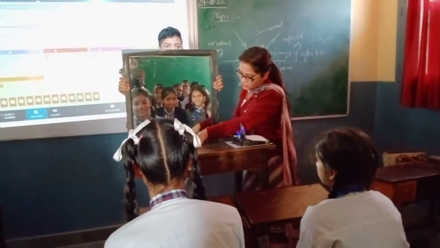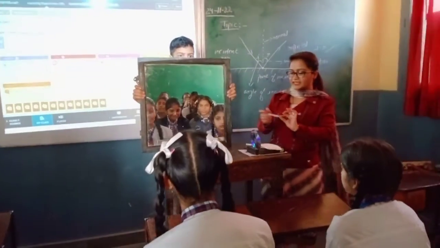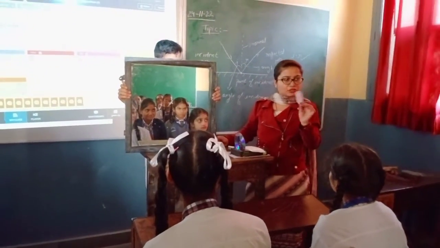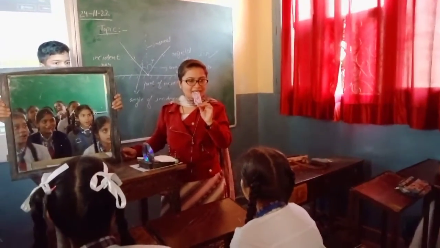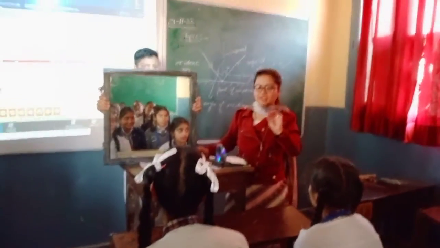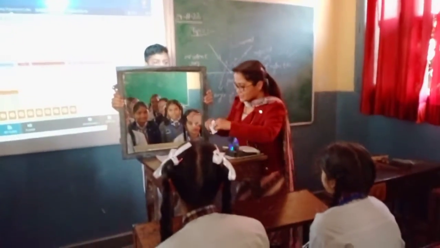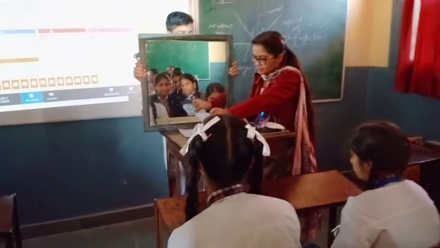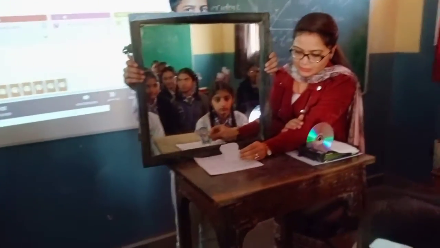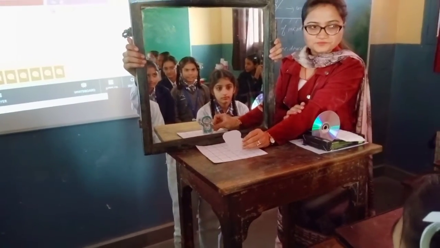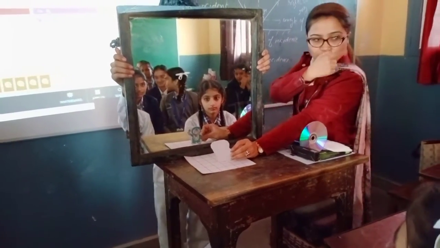I'm going to place it in front of the mirror, and I have this cartoon character. Do you know its name? Yes, it's Doraemon. I knew that it will bring a smile on your face. I'm going to place it in front of the mirror. Now, last step, come outside. Come from this side.